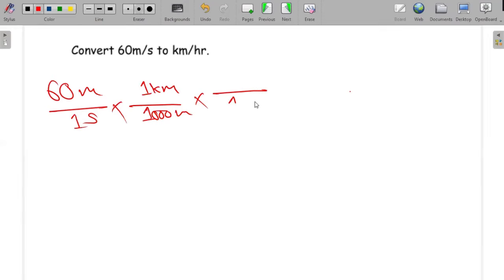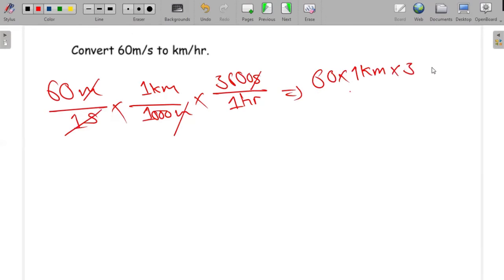multiplied by 1 hour, which gives us 3,600 seconds. From here, this second is going to cancel out with that second. Then this meter is also going to cancel out with this meter, which means to simplify this, we're remaining with 60 multiplied by 1 kilometer multiplied by 3,600 over 1,000 multiplied by 1 hour.